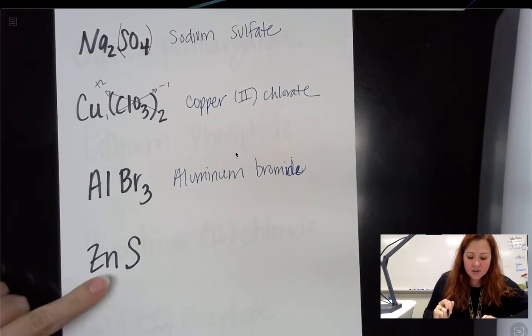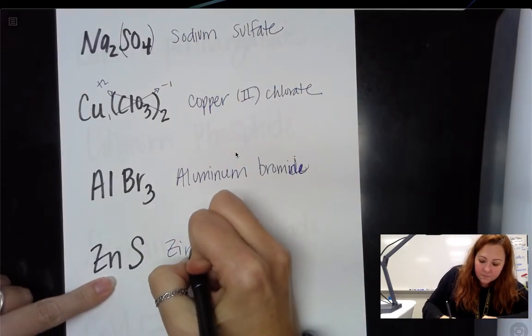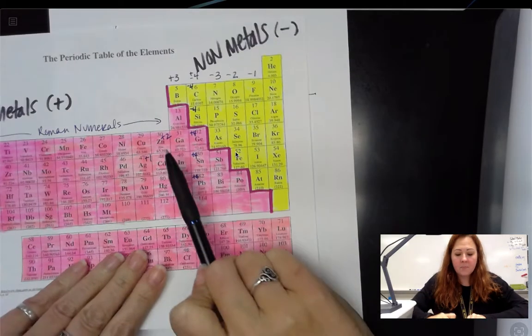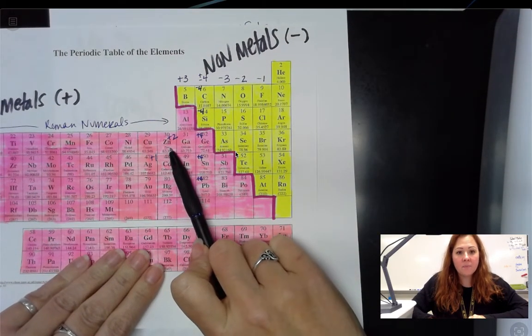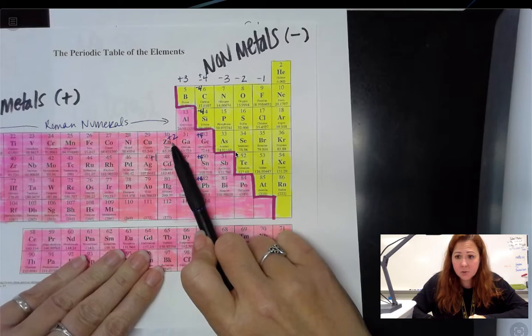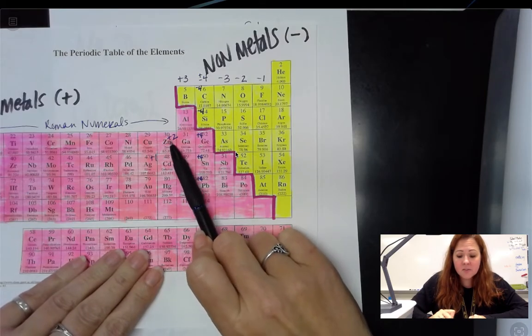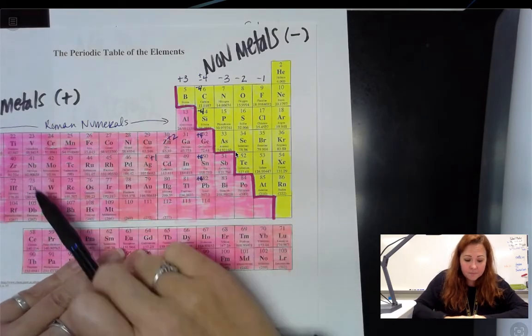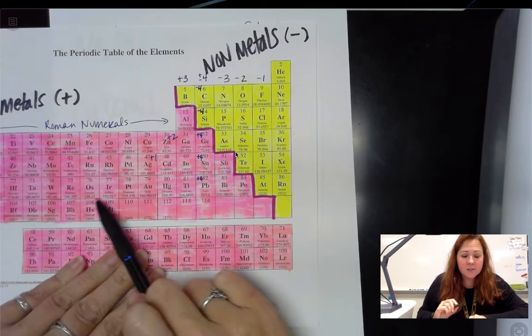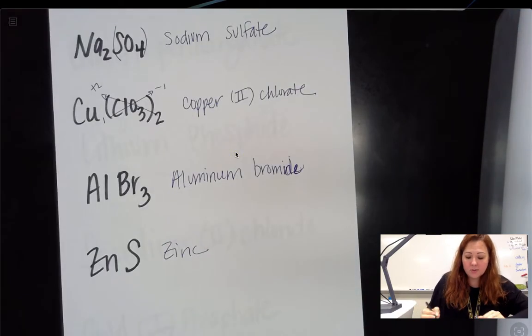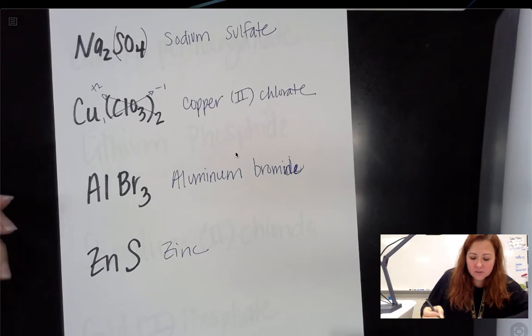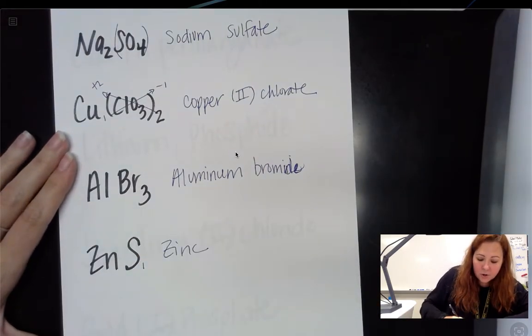Now this last one down here is Zn, zinc. Zinc is right here on the periodic table. Now we said in class, zinc always has a +2 charge. Even though it always has a +2 charge, it lives in this zone with your transition metals, so it's going to get Roman numerals. Now, if I wanted to go through this the long way, there's a ghost 1 and a ghost 1.